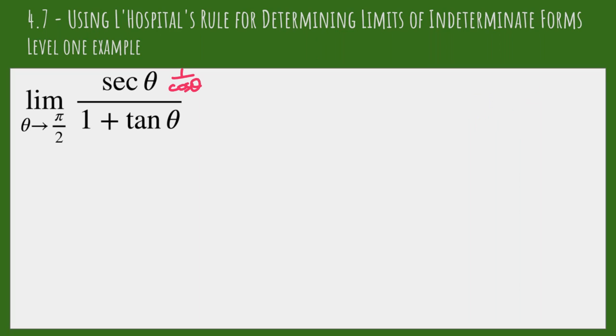Tangent function is actually really similar because it's sine over cosine. And so since theta is approaching pi over 2, cosine is approaching 0, and we get 0 in the denominator there also. So both of these functions, secant of theta and tangent of theta plus 1, they both have vertical asymptotes at pi over 2 because the limit is approaching infinity.